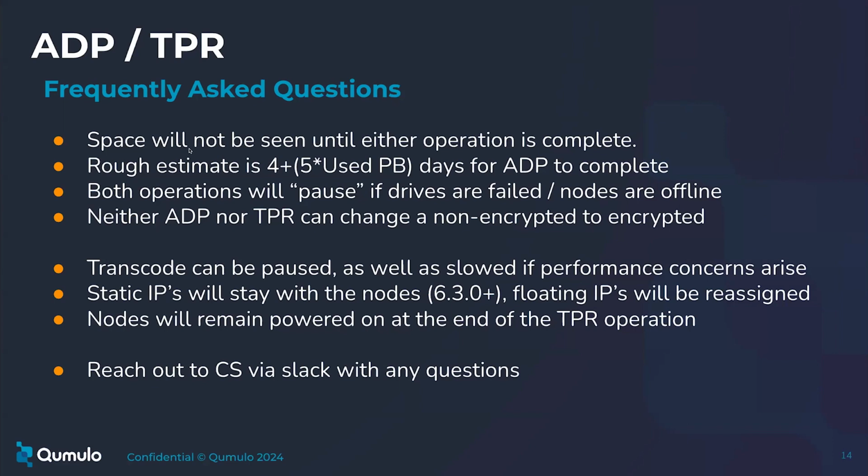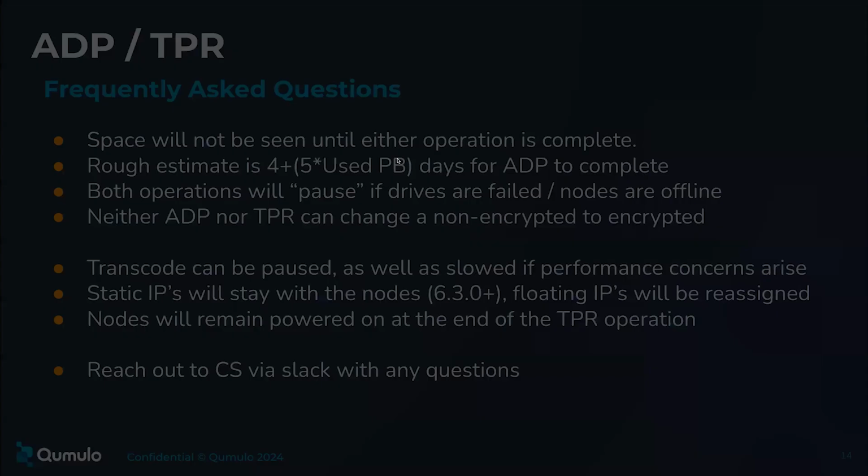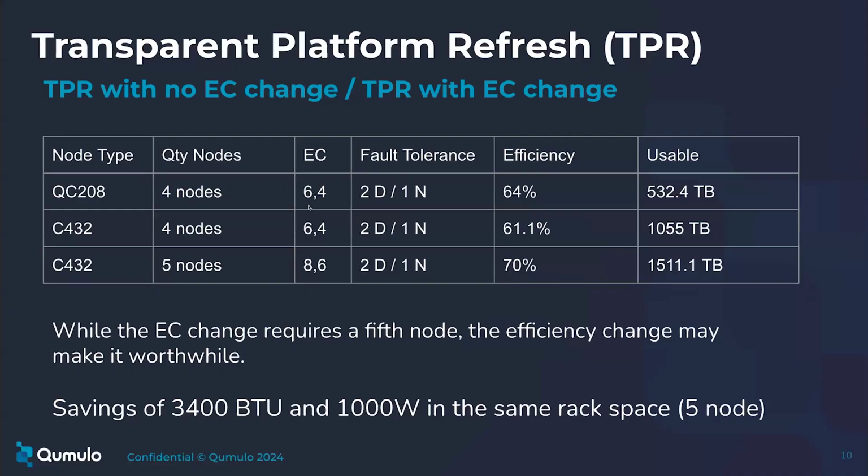If we jump back here, just for grins, say I had these QC 208s, where I have 4 nodes on here, and let's say those came in at, I don't know, 2.5 or 2.6, right? We don't have software encryption at that point. But let's say we want software encryption on there.